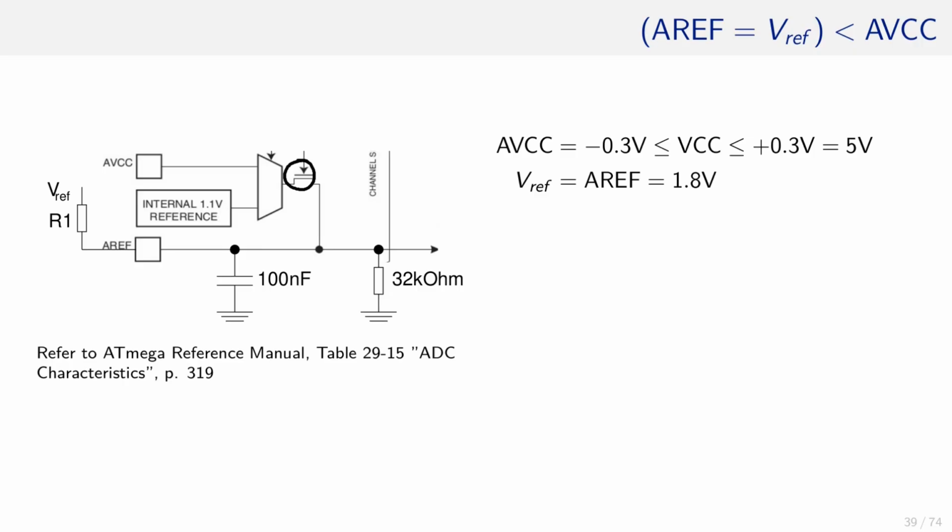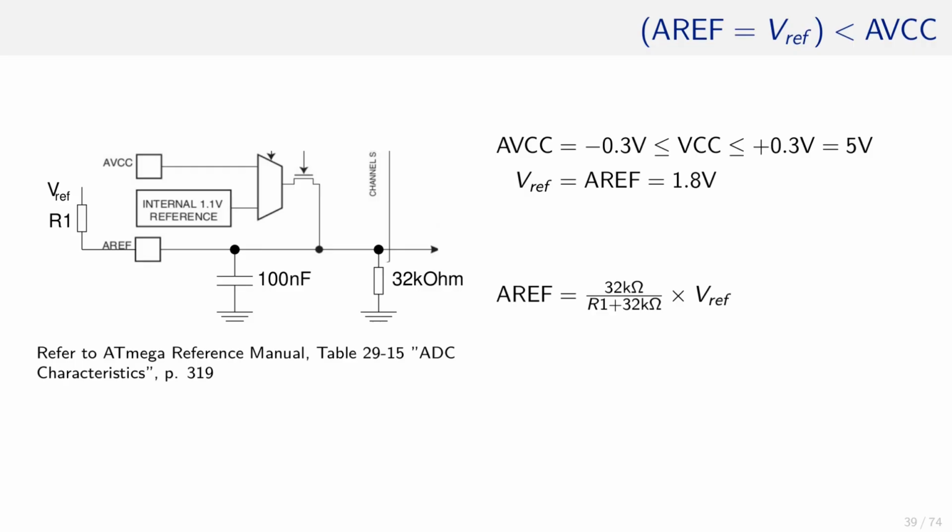Therefore, we limit the flow of current by inserting a resistor called R1 between the AREF pin and the 1.8 volt source. By now, we have a classical voltage divider including R1 and the internal 32 kilo ohm resistor.